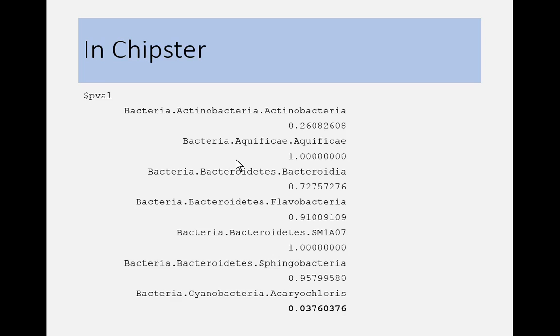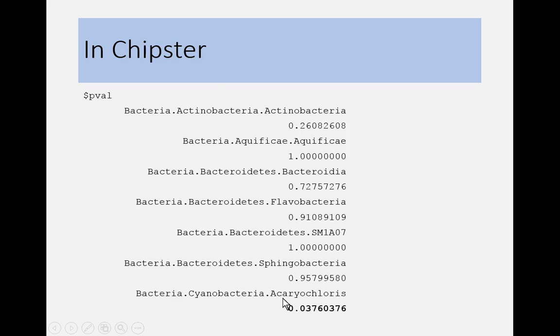Now, let's jump here. This is how it looks in Chipster output. So this is from the indicator species approach. And the idea is just to see which species are associated with different groups in principle. So in this case we just have two groups. We have p-values for those taxa.